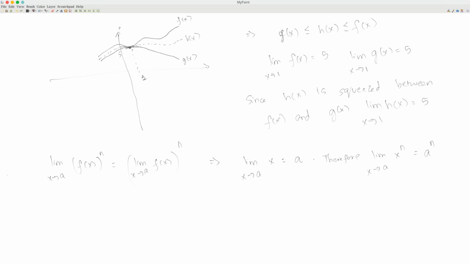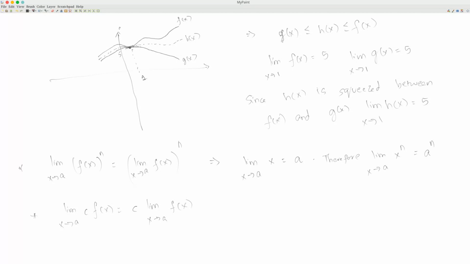And also, if you multiply a function by a constant, the limit doesn't affect the constant, so the constant would come out and you apply the limit only for the function.